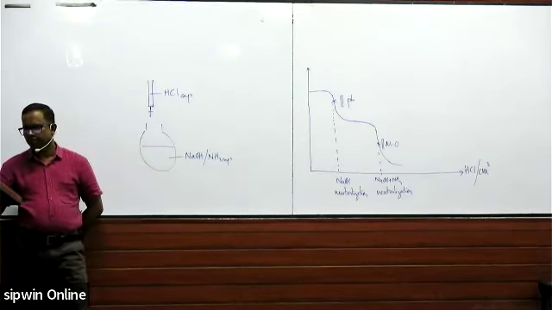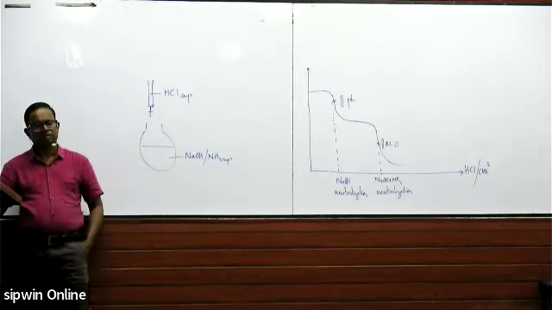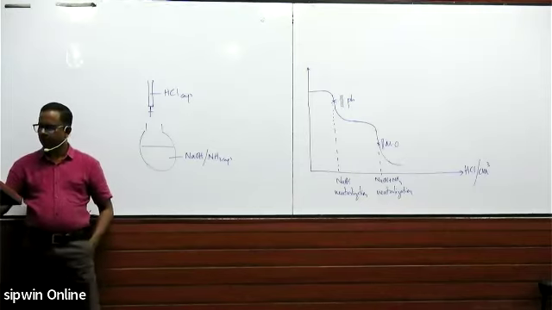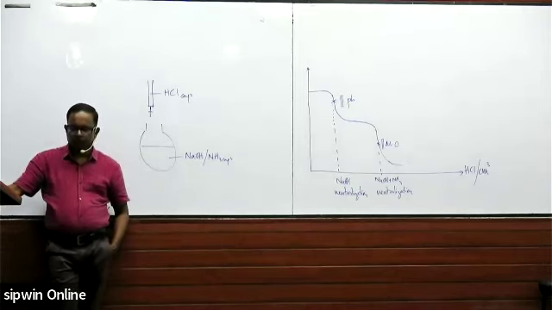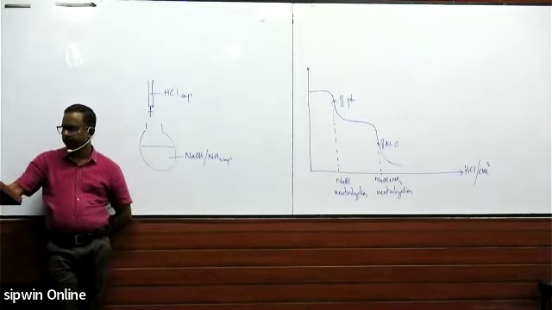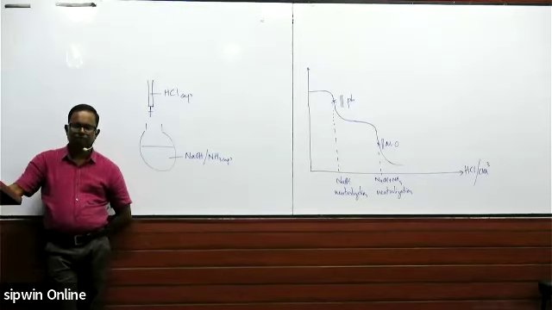Another 25 cubic centimeter portion is titrated with 0.1 M sodium hydroxide in the presence of phenolphthalein, and gives the color change after consuming 50 cubic centimeters of sodium hydroxide.